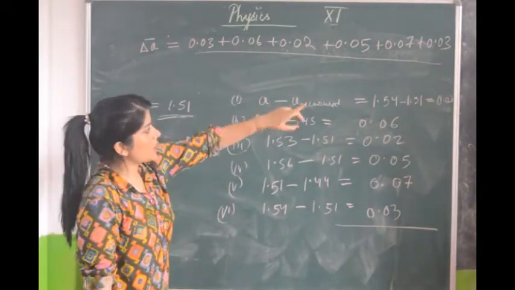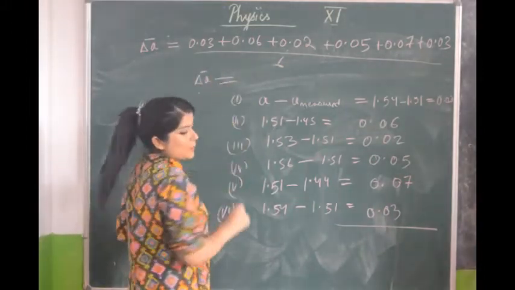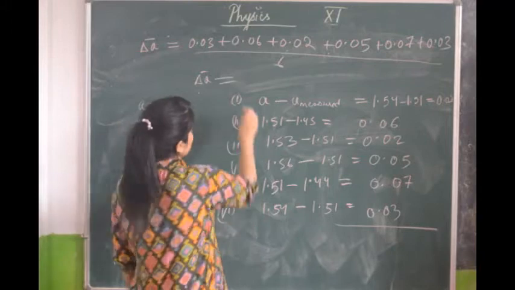How many observations are there? It is 6. So how much do we get? Your mean absolute error will be 0.04.